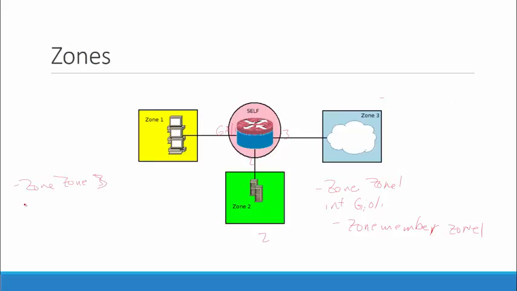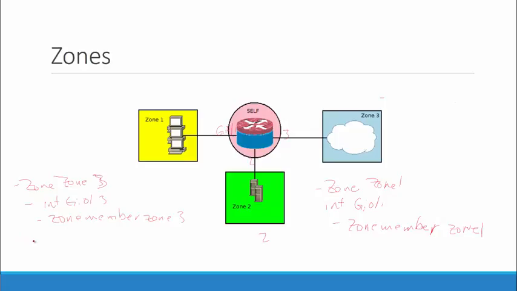Then I will apply it to zone 3. So you go in the interface, tell it it's a zone member of zone 3. Apologize for my great writing, right? So now we've got 2 zones, and they have interfaces as part of them.